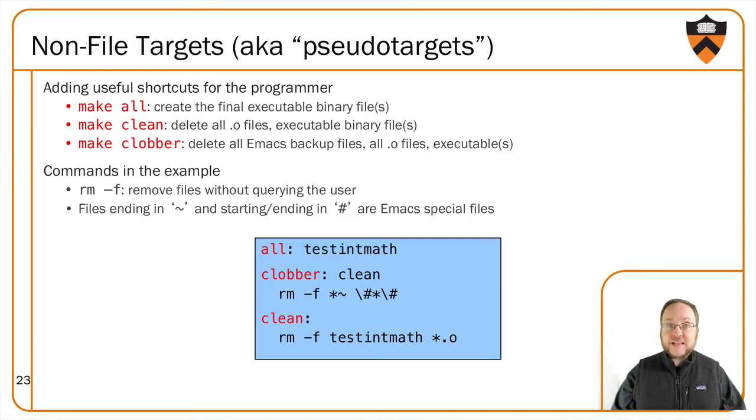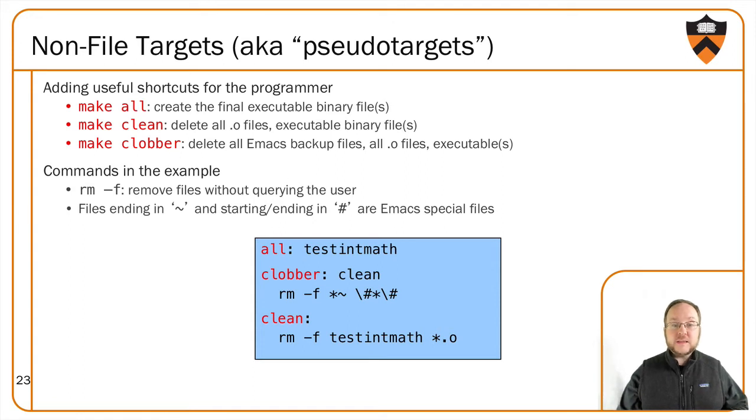The clean file has no dependencies, so make moves immediately on to the command for clean. It issues the command rm -f testintmath and *.o. This deletes the executable binary file and all the .o files that made it up, and it returns success. It doesn't actually create a file called clean, but again, make doesn't check this.